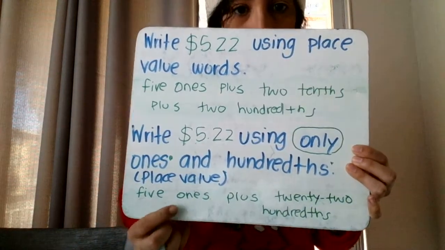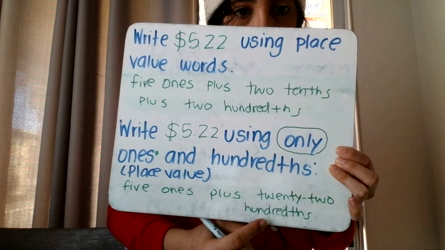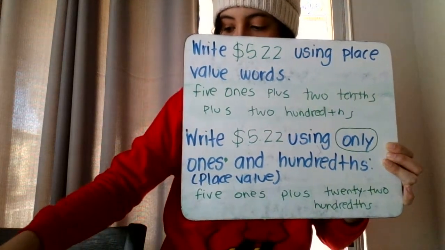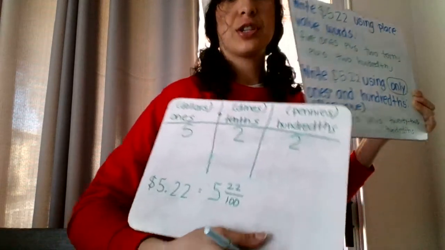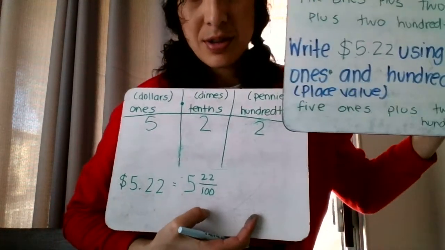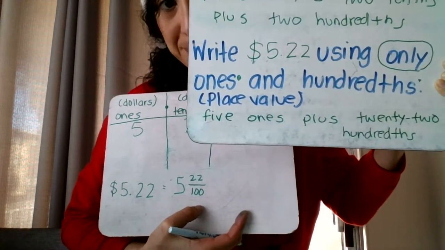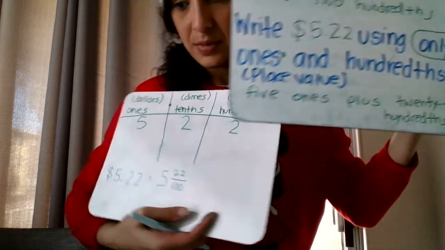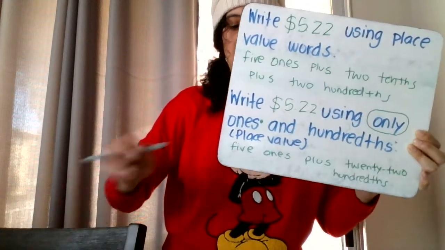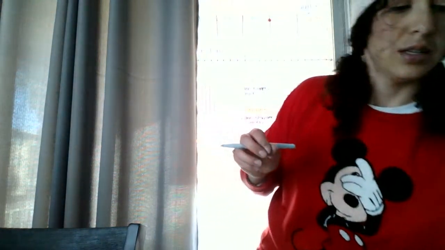So we have 5 ones plus 22 hundredths. Okay, and if we look at our fraction way, it should match that. And the next way, using money words.